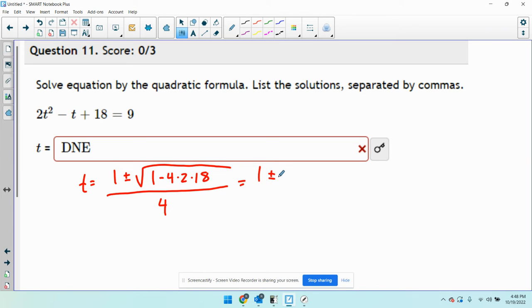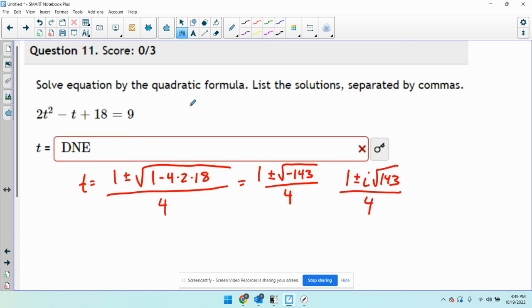So this is 1 plus or minus the square root of 1 minus, this is 2 times 8, 80 plus 144. 1 minus 144, so this is negative 143 over 4. Is that right? 8 times 80, 64. 1 minus 144. Yeah. So this is 1 plus or minus I root 143 over 4.